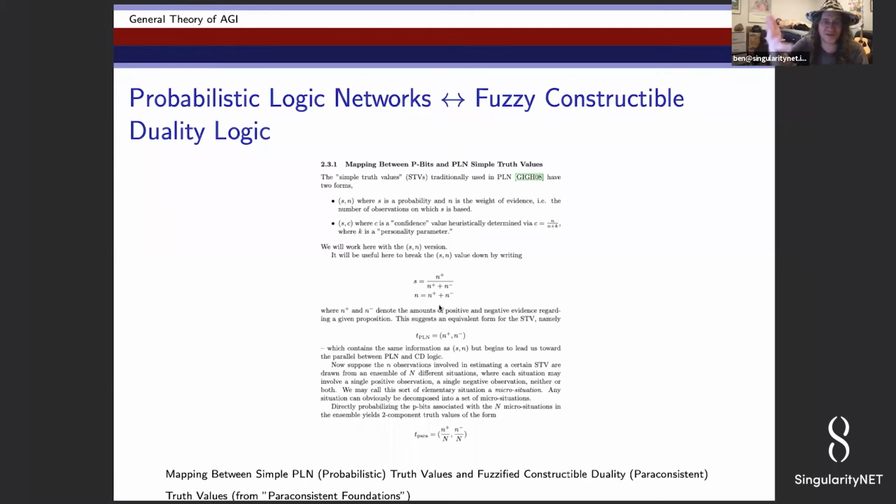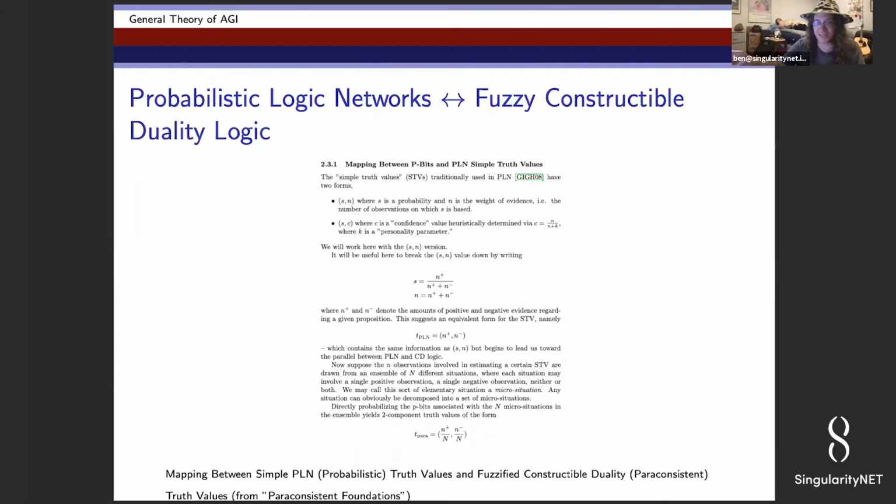And that's kind of the same thing we do in PLN logic. We have a hypothesis, and we count the number of pieces of evidence in favor of it or opposed to it. And then the difference between the PLN logic and the paraconsistent logic from Anna Patterson is in how you normalize these evidence counts, right? So in PLN, you look at the number of positive observations and the number of negative observations.